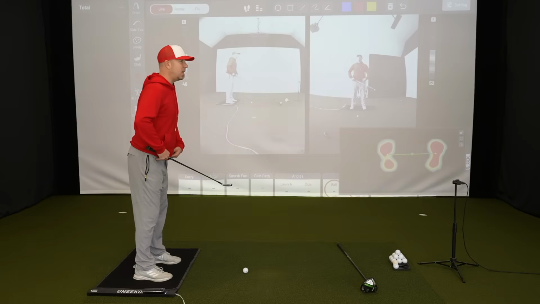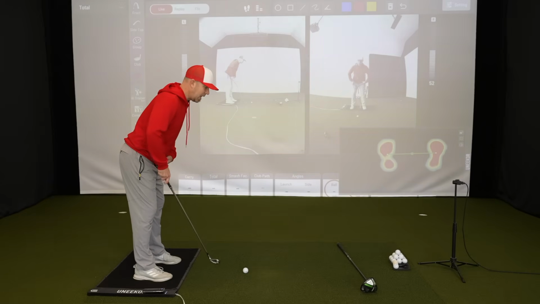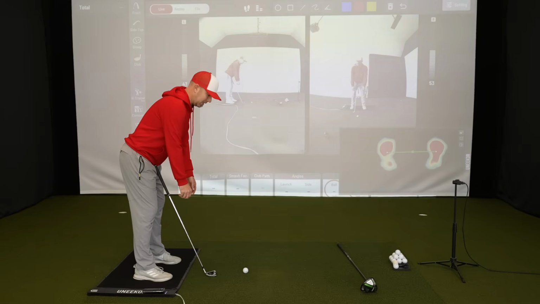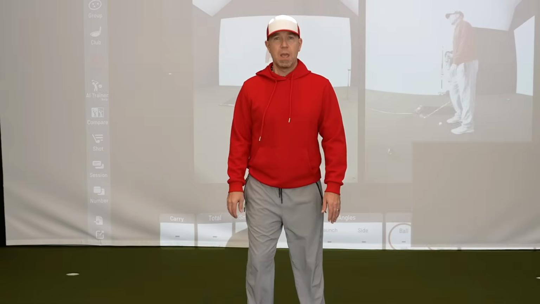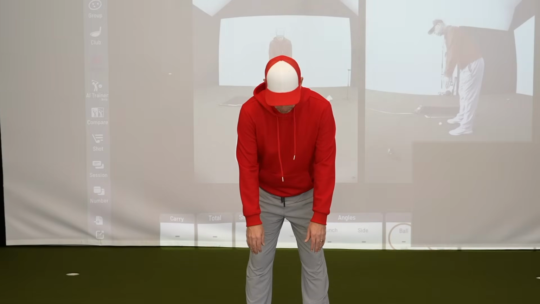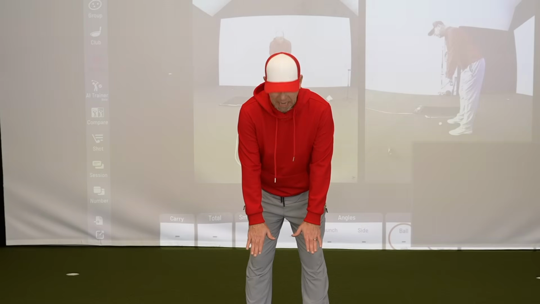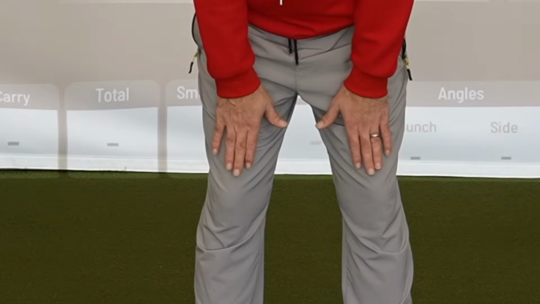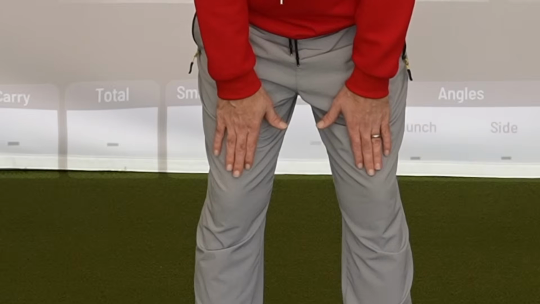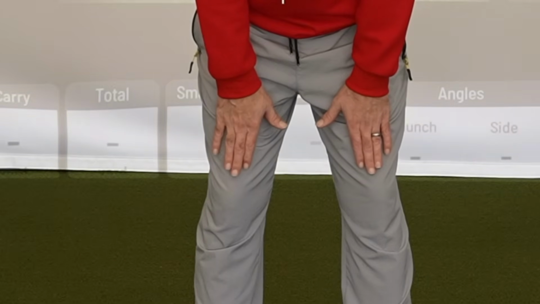Now, when I bend from my hip sockets, I now can create space. And what I mean by space is the distance between my hands and my legs. Now, if I get into the proper posture, and I'll show you from this angle, I should be able to take my hands, place them on my thighs, and my fingertips are really just going to be just above my kneecaps or touching the top of my kneecaps right there.